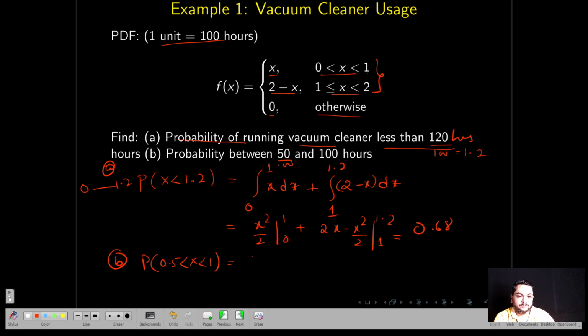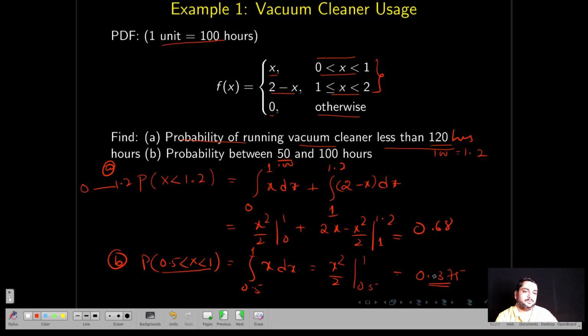So this is equal to the integral. Directly there is only one function, as it falls between 0 and 1, which is x. So 0.5 is the lower bound, 1 is the upper bound, x dx. So this is x square by 2 from 0.5 to 1. This comes out to be 0.375.